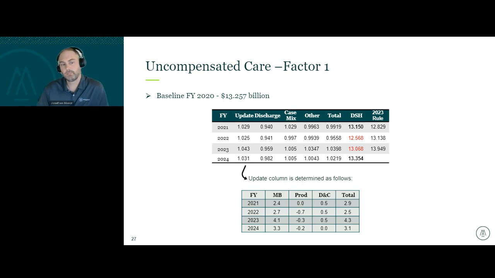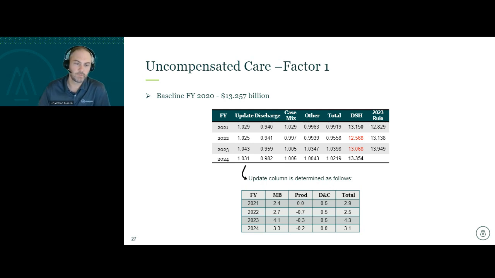And so the starting baseline total was $13.2 billion, and then trending that forward, the end result is $13.354 billion for 2024. And so I wanted to point out the last column on the far right are the totals from last year's final rule. So you can see the significant changes with some of the projections and how much lower these same years in this rule are compared to last year's rule.